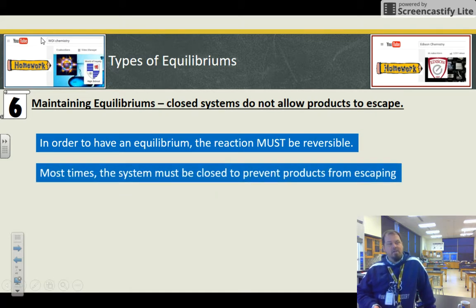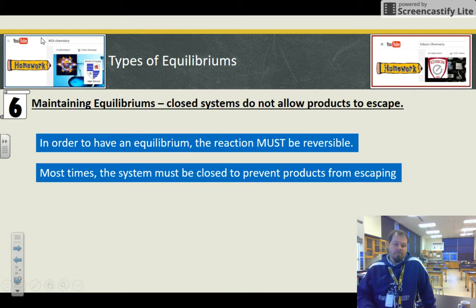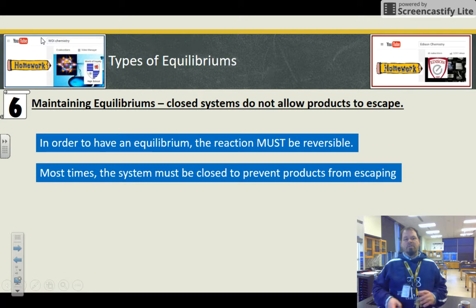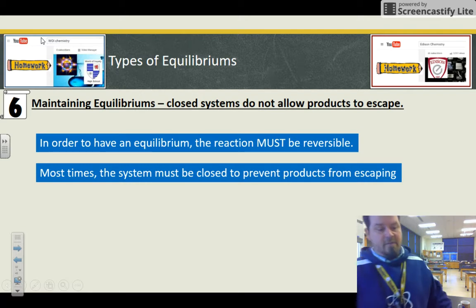Most times the system has to be closed because if I make a gas, the gas can't escape into the air, or that gas can't reform, even if it's chemical, back into whatever the products or reactants were. It can't form back into a different phase like liquid if it escapes. So generally systems are closed, and that's it. We just did phase equilibriums in a nutshell, holistically, what is an equilibrium and what's going on. And now you've got a little bit of understanding.